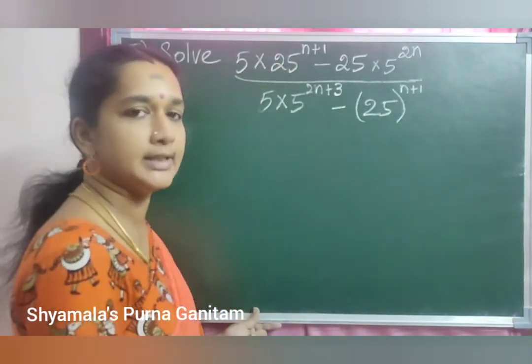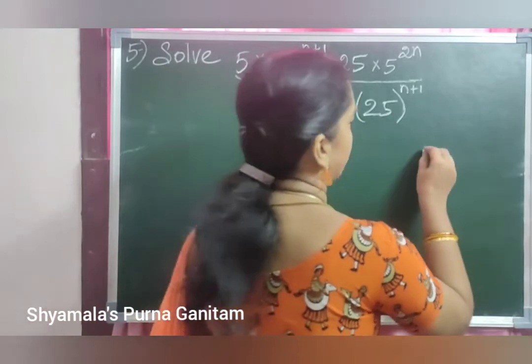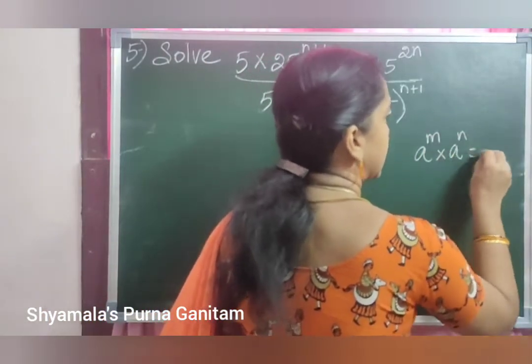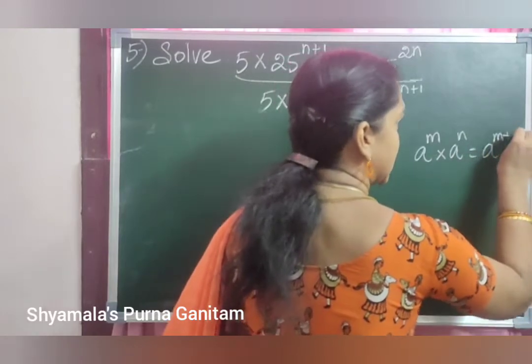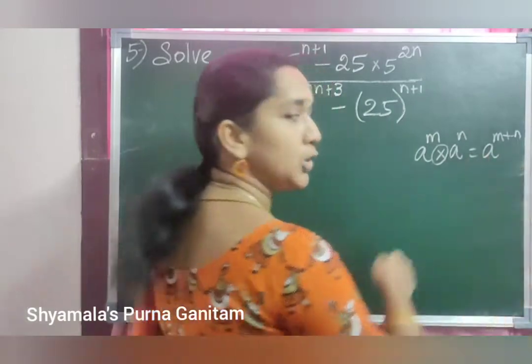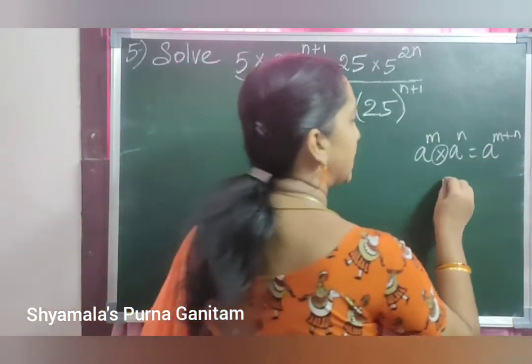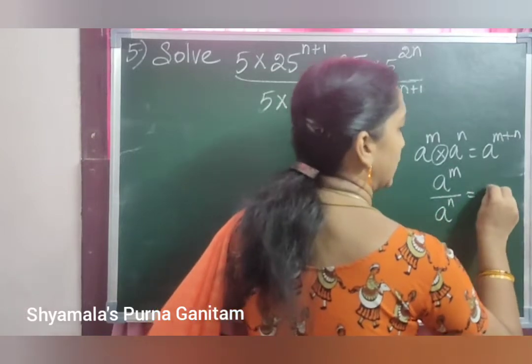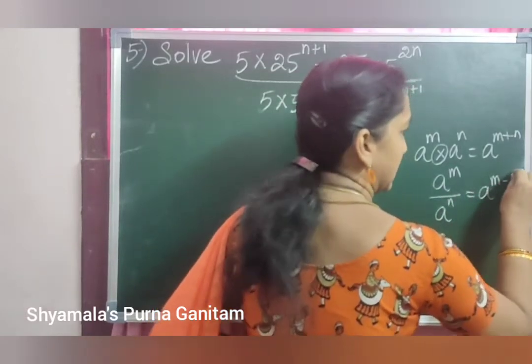Before doing this, you have to remember the laws of exponents: a power m into a power n is equal to a power m plus n. So when you have the multiplication symbol only, you can use that law. Similarly, when it is in division only, you can write it as m minus n.